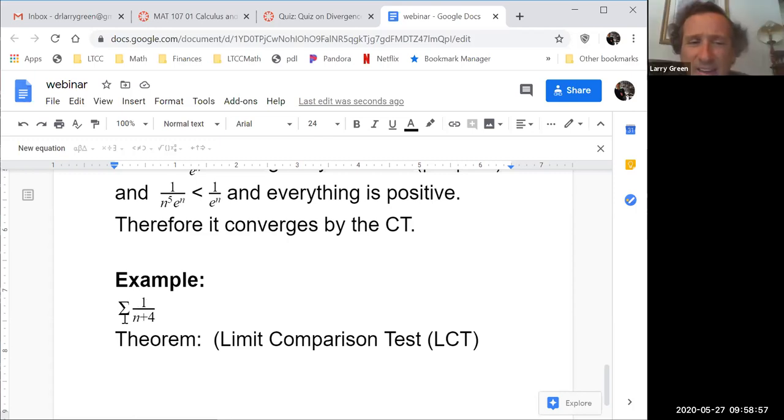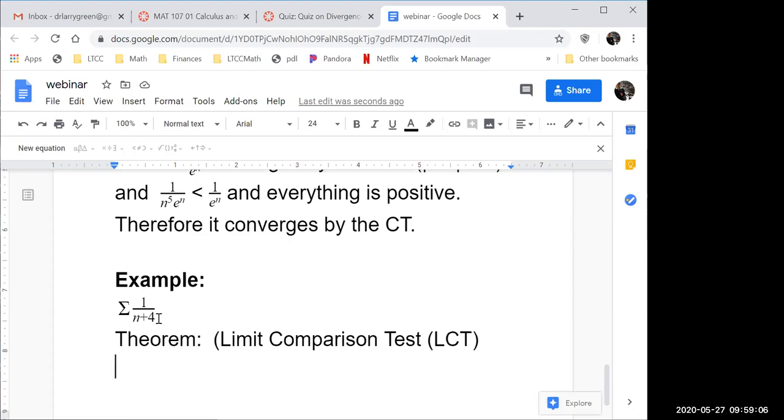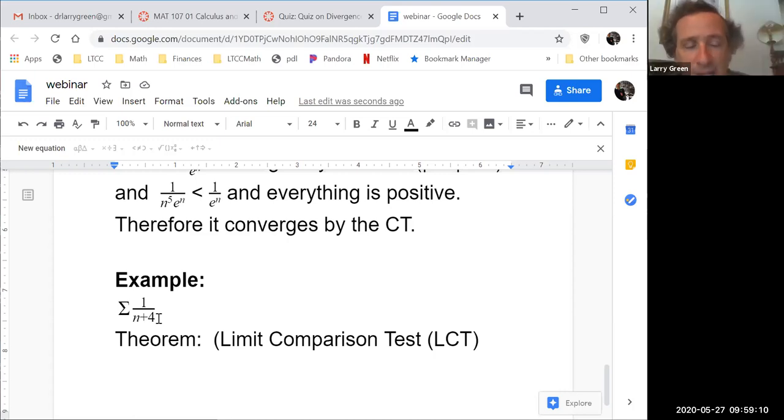But let's say n is 1 trillion. Are you going to notice the difference between 1 over 1,000,004,000,000 and 1 over 1,000,000,000,000? No, they're basically the same. In the limit, they're exactly the same. Do you agree? 1 over n plus 4 and 1 over n are the same functions in the limit as n goes to infinity.